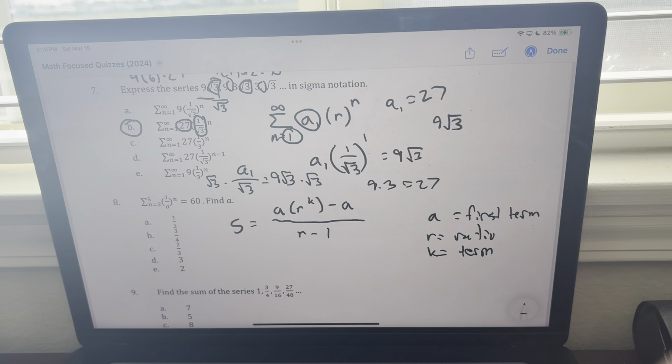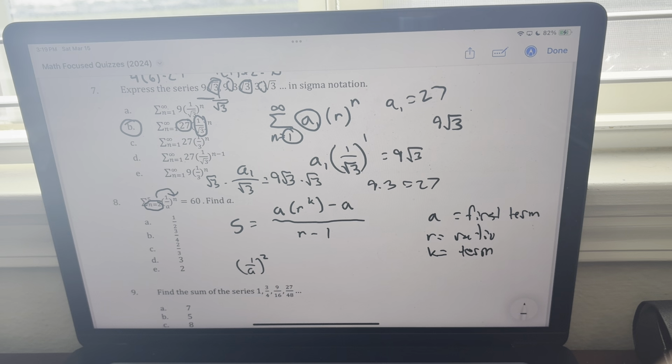So we know that our first term is going to be 1 over a to the power of 2, because remember, this number down here, n equals 2, is our first plug-in number.